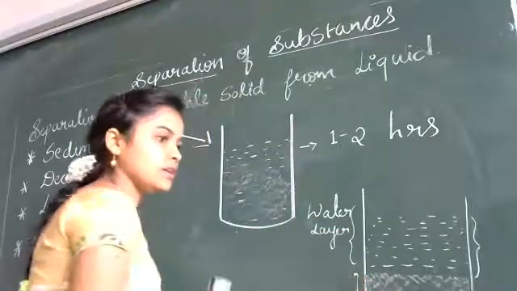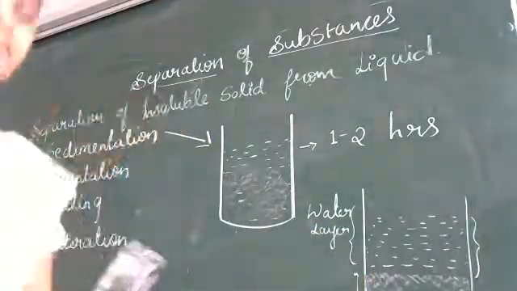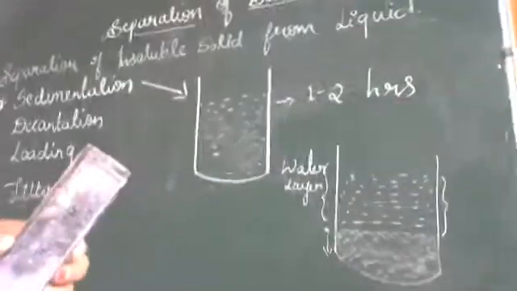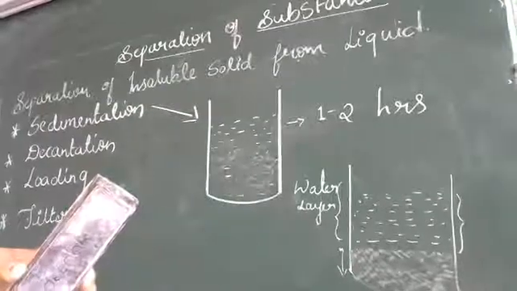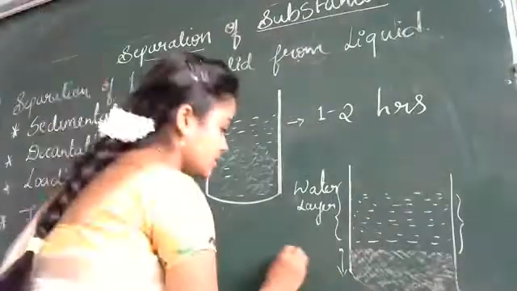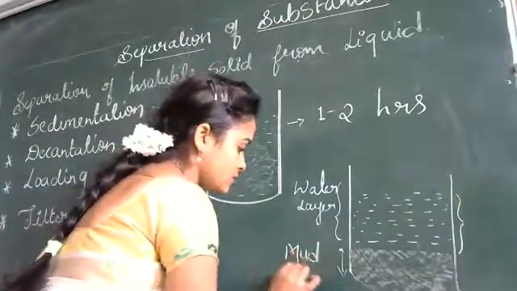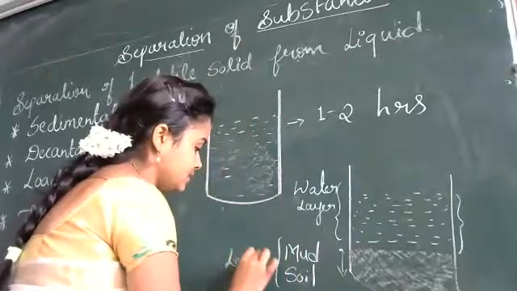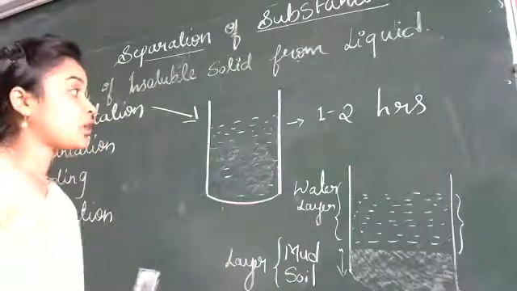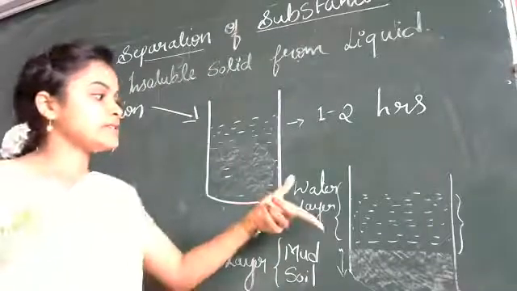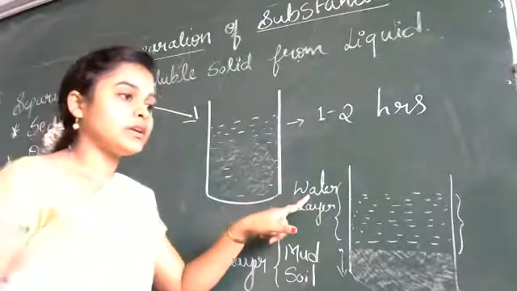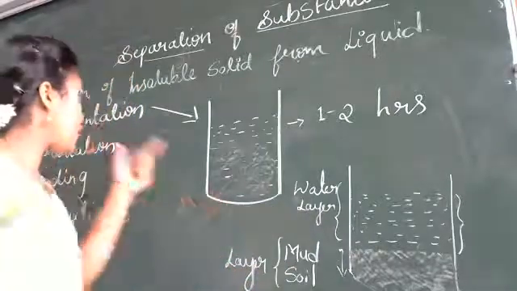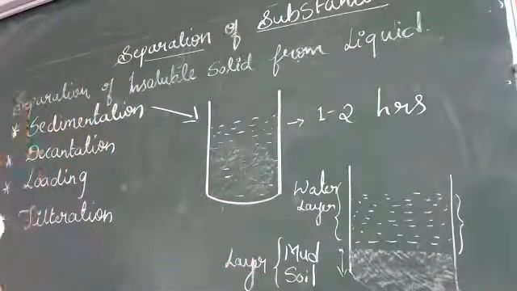Then this is the mud or soil layer. The process of separating the water layer and soil is called sedimentation.